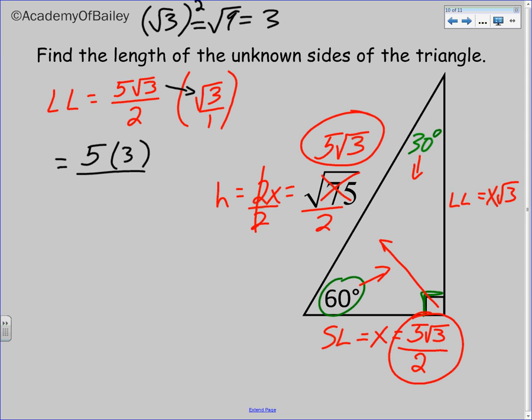And then on bottom, 2 times 1 is 2. So 5 times 3 is 15 over 2. So the longer leg is 15 over 2. Or 7.5 if you need to change it to a mixed number. Key here was making sure that you simplified the radical. Make things a lot easier for us.